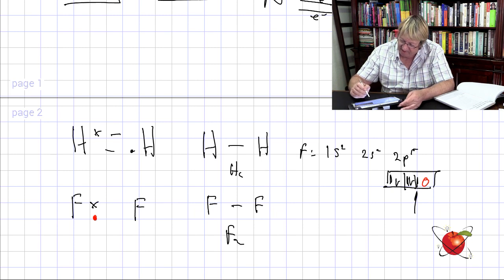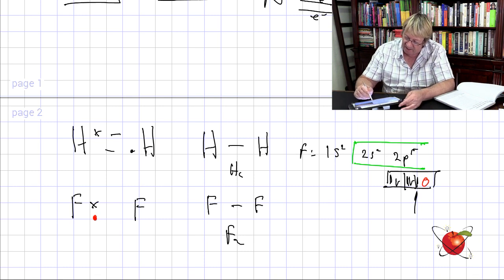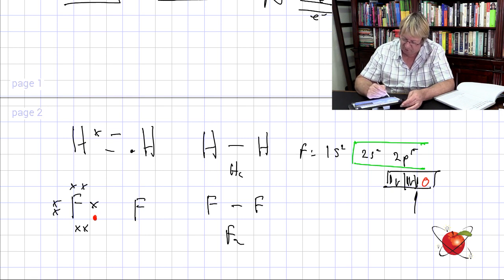And we said, now let's have a look at the valency and the valence electrons, shall we? This is what we've got on the outer shell. We had 7 on the outer shell, didn't we? So if I had to put them in, I would have put in 2, 4, 6, 7.